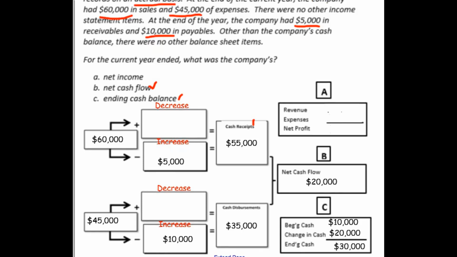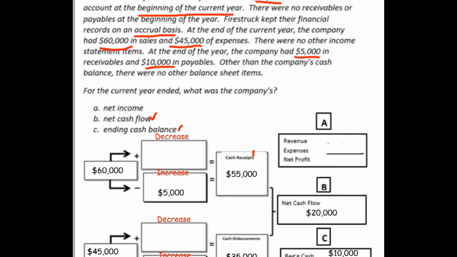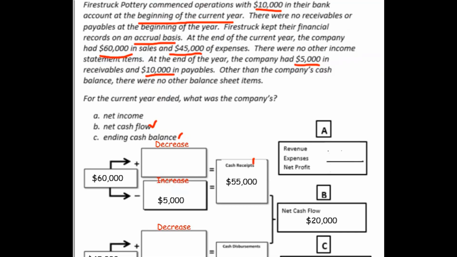The last item that we need to solve is our net income. Again, this is on an accrual basis. So all we need to do is recognize our total sales on an accrual basis, which happens to be $60,000, and our total expenses, again on an accrual basis, which happens to be $45,000.